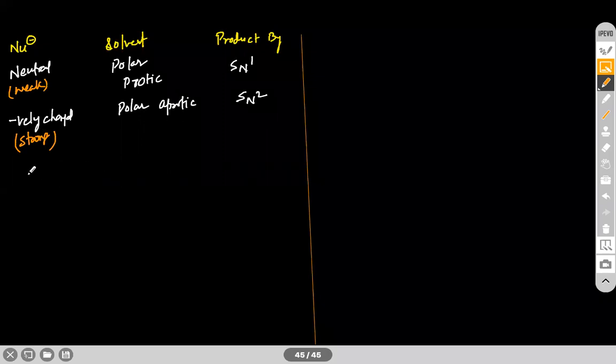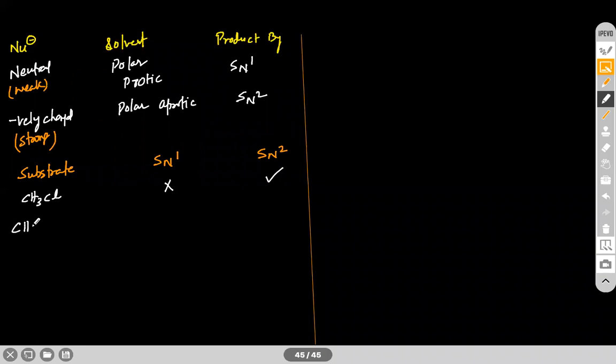Now we see a few examples. We have the substrate here, SN1 and SN2. If the substrate is CH3Cl, it is a 1-degree alkyl halide, so the mechanism cannot be SN1, it favors SN2.